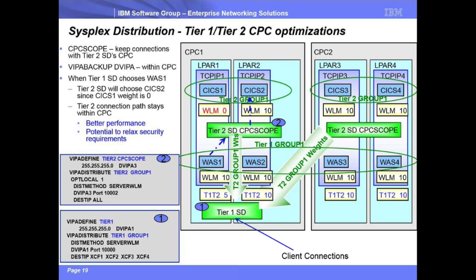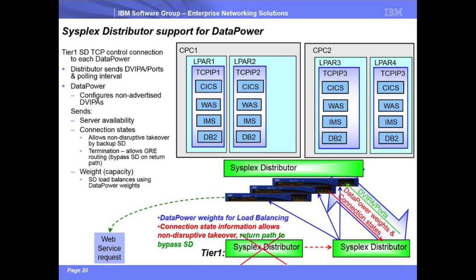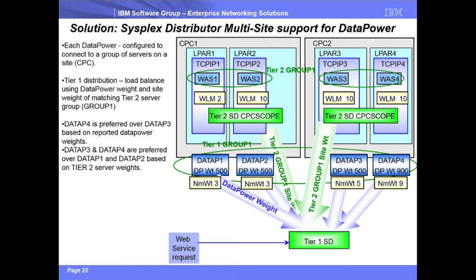And so with this multi-site support for DataPower, we're trying to do the same thing. So the Sysplex Distributor learns the associations of DataPowers with specific CPCs, and then it uses the DataPower weight as well as the weight of the back-end application to determine an overall weight to route connections to.